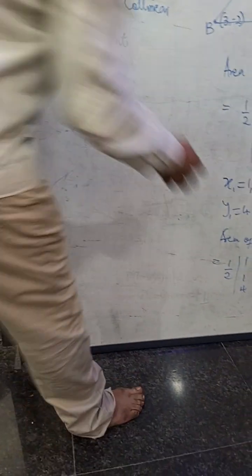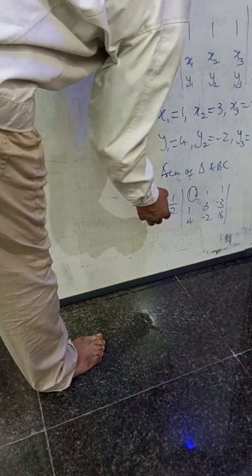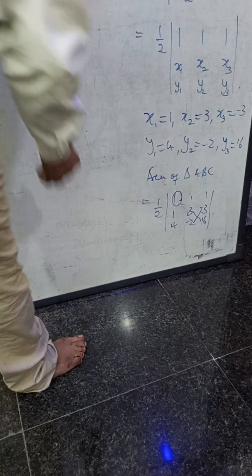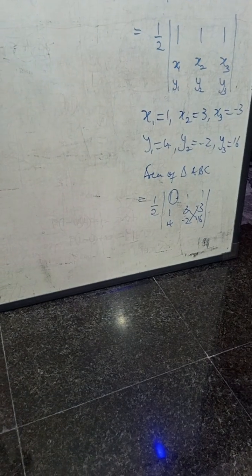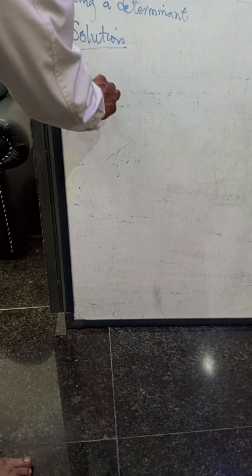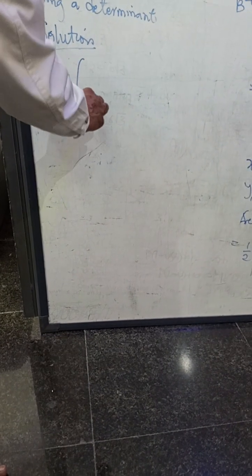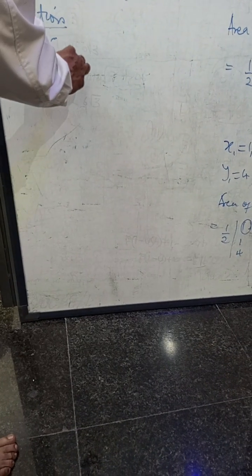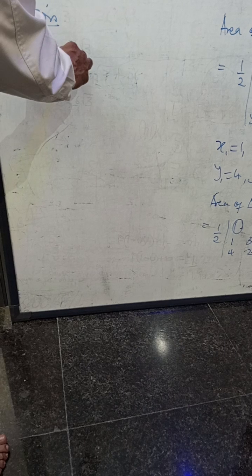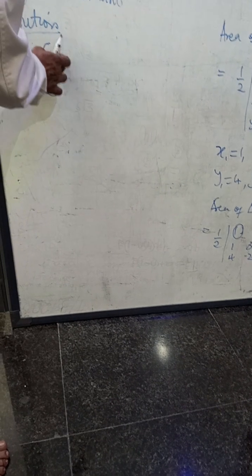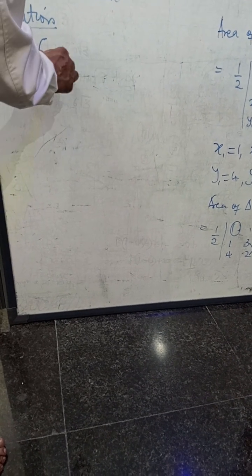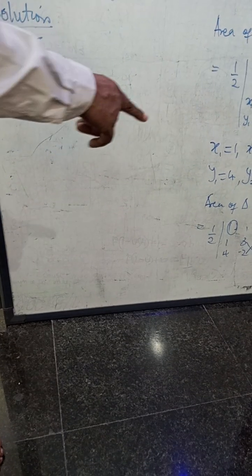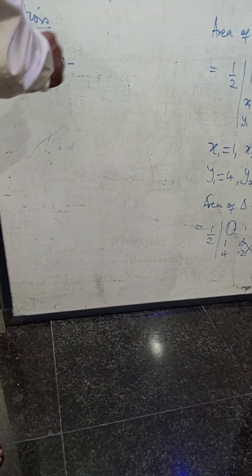If you pick this point, that means we are going to multiply this, subtract by this. So we have 1 over 2, and open a big bracket. Then we have 3 times 16 is 48. So we have 48 minus 2 times minus 3 is 6. That's minus 6.